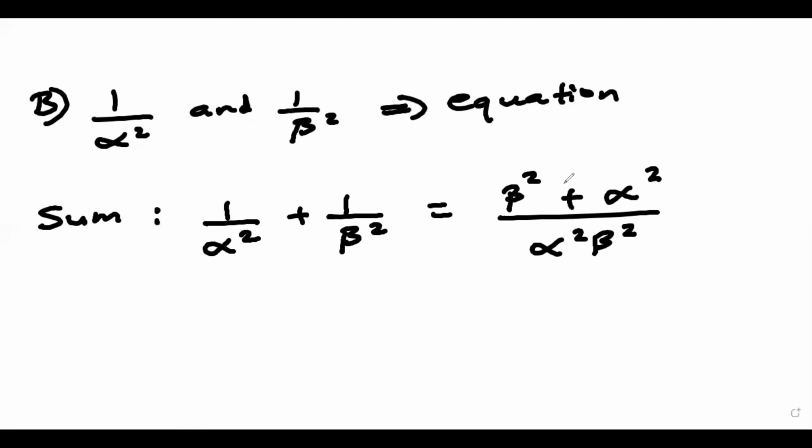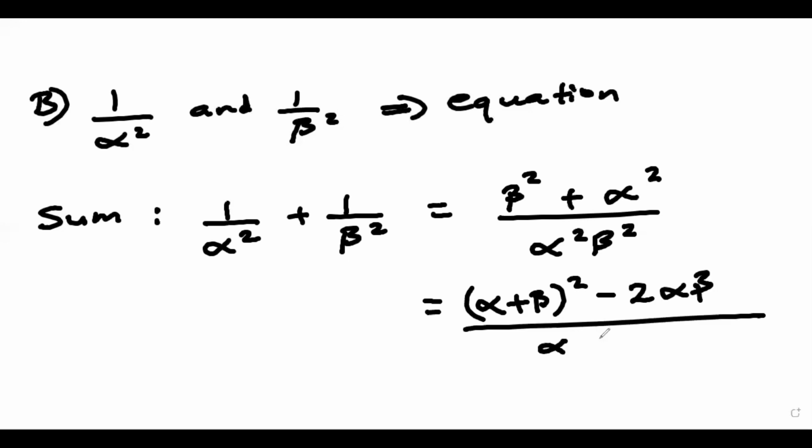So beta squared plus alpha squared, we had worked that out and we got alpha plus beta squared minus 2 alpha beta, and that would be over alpha squared beta squared. So we know that the numerator is equal to 29 because we worked it out previously, and we know that the denominator is 100. So your answer would be 29 over 100 for the sum.